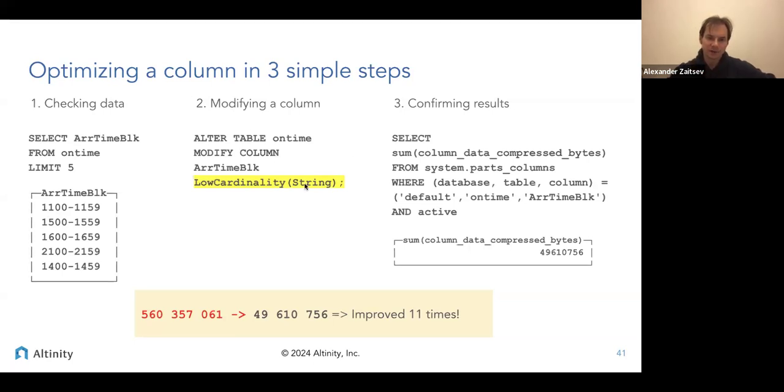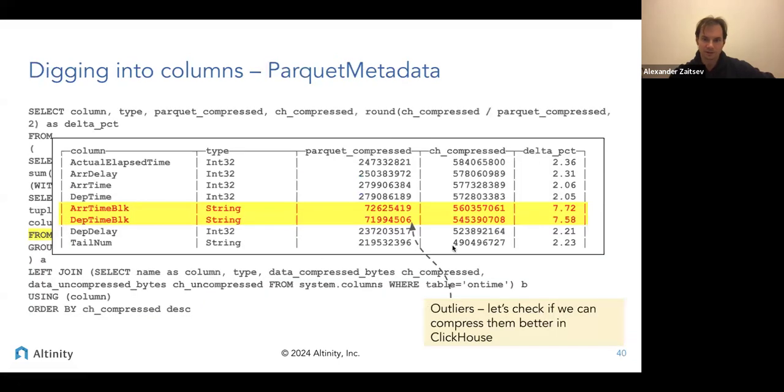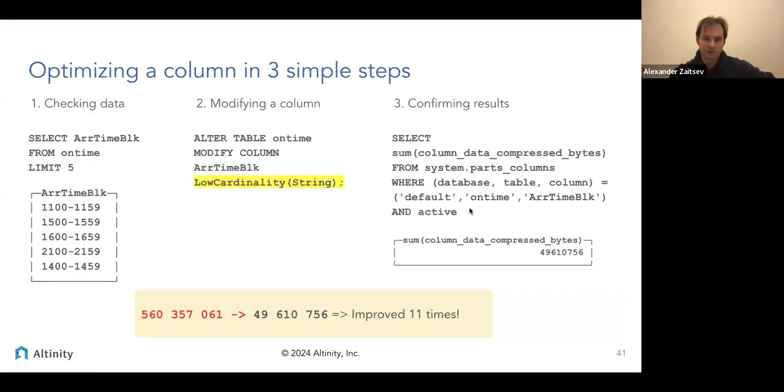So I can modify the column to low cardinality and check the results by looking into the special system parts columns table. So now my column consumes 49 megabytes instead of 500 megabytes that we could see on the previous screen. So the difference is 11 times.